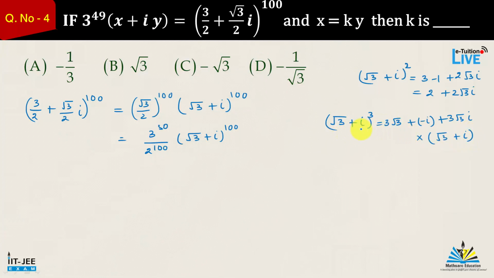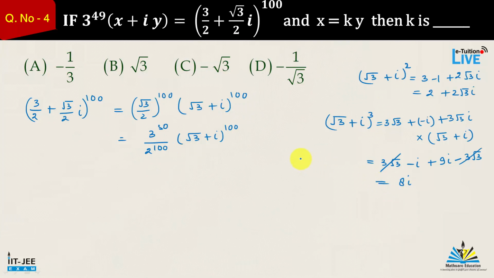This is the formula of (a plus b) whole cube, that is 3 root 3 minus iota, and this is 3 root 3 iota into root 3, that is 9 iota, and if you multiply by iota here, then you will get iota square, that is minus 3 root 3. So this is going to cancel out, and you will get 8 iota. Wow, here you get the first result you can observe: (root 3 plus iota) whole cube is equal to 8 iota, that we need to remember here.